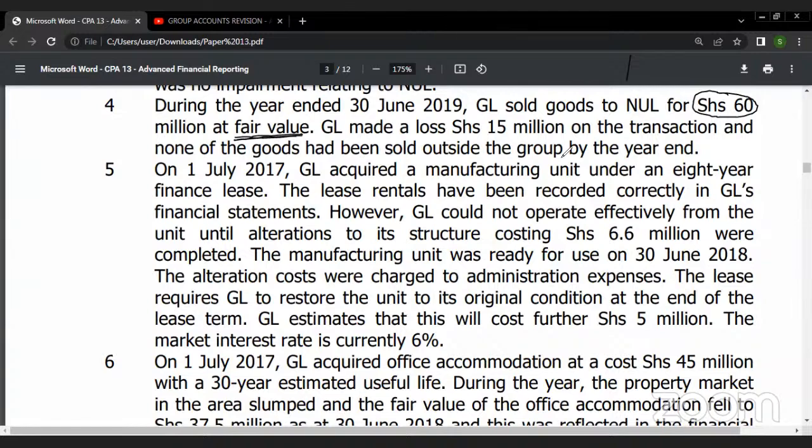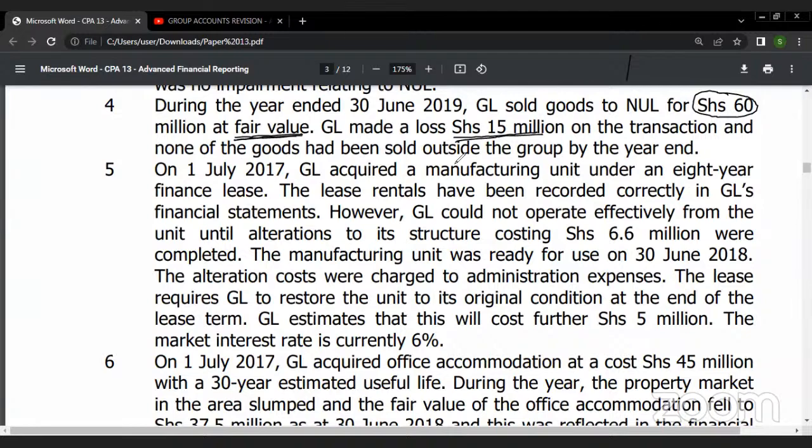Don't forget. So this is an intragroup trading. As we can see, the parent company is making a loss of 15 million on this transaction. The goods were sold to the sub NUL for 60 million at fair value. None of the goods had been sold outside the group by the year end.